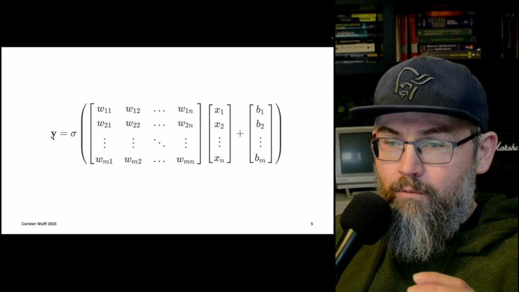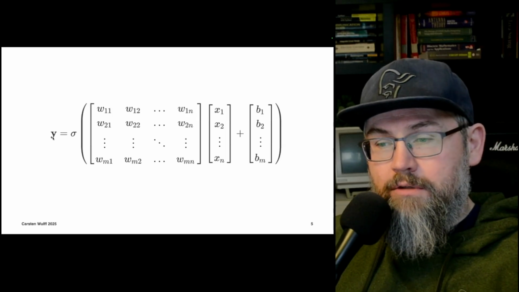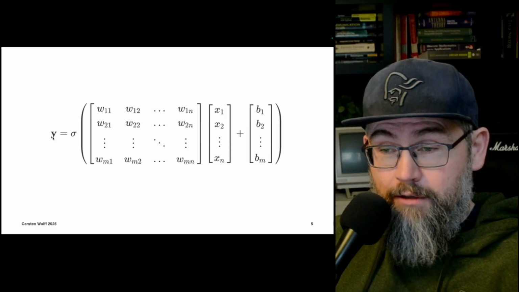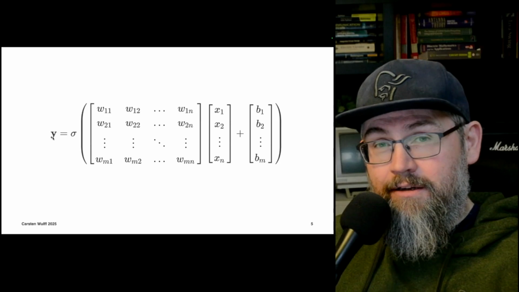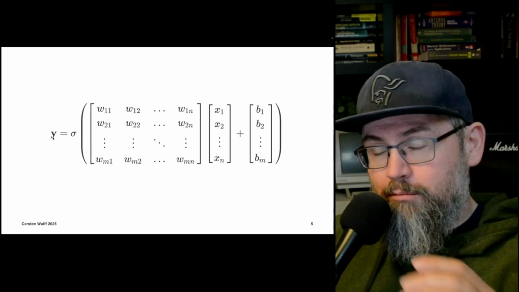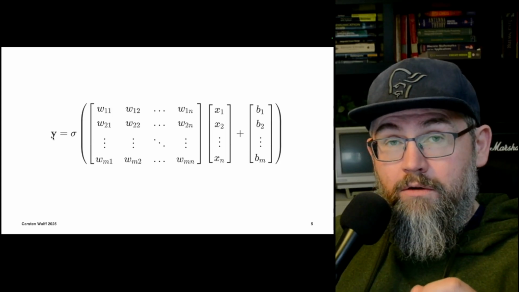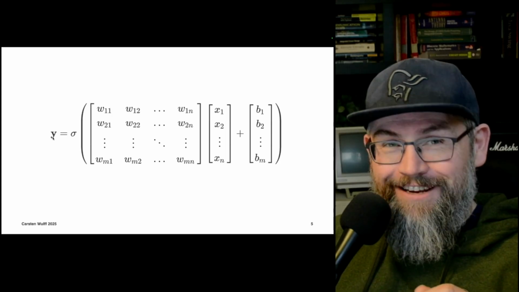So what you're seeing on the screen now is what is called a fully connected neural network, or fully connected layer, really. A network usually has multiple layers. They can also be not fully connected.